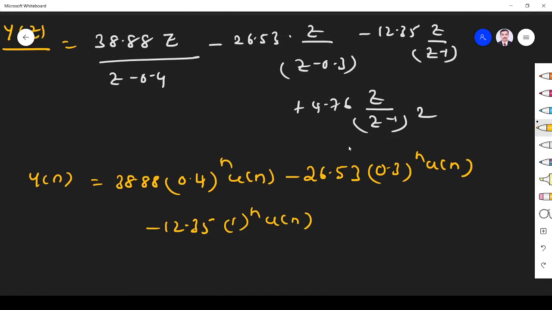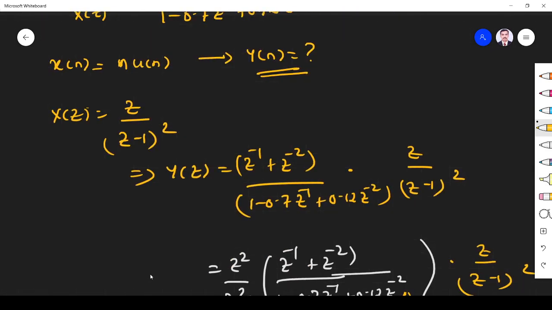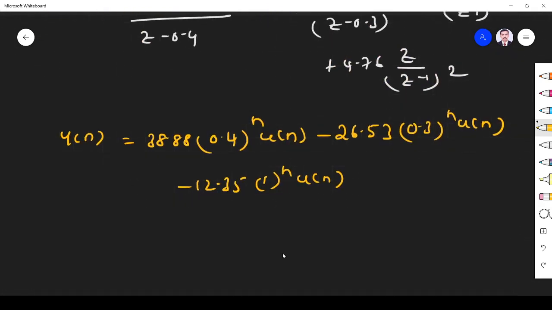And z by (z minus 1) whole square is n into u of n. I told you this normally, right? You remember the z transform of n into u of n is z by (z minus 1) whole square, so the inverse is n into u of n. So 4.76 times n into u of n. This is our output response, what they asked. So this is the answer.